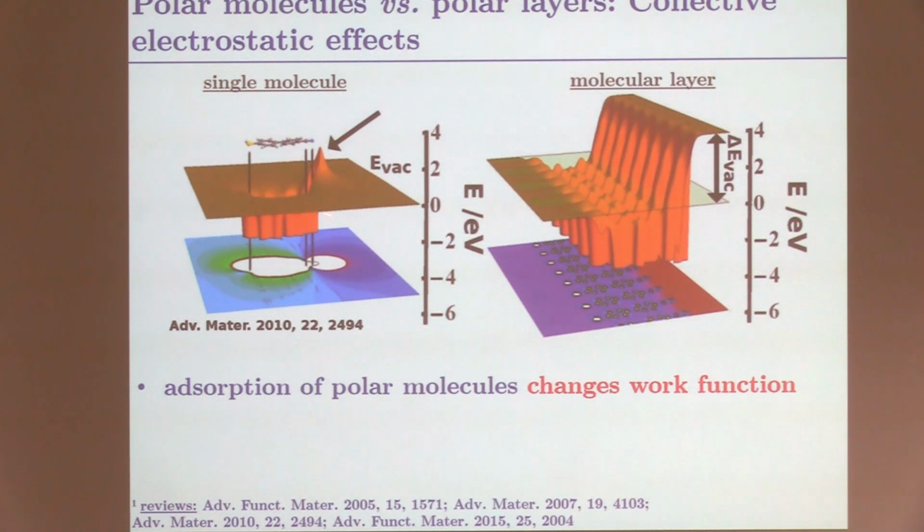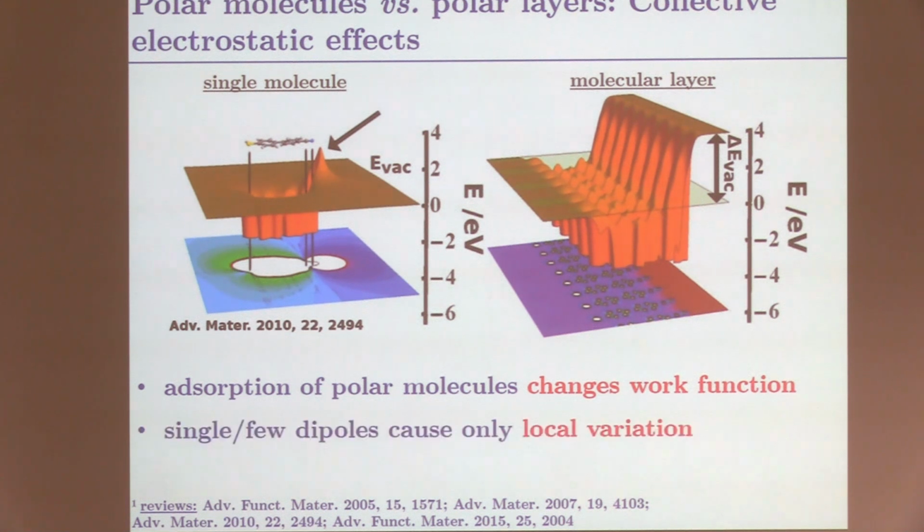And this is what we've seen before: you get one common vacuum level right around the molecule. But if you take the same molecule and compress it into a two-dimensional molecular layer, you find two vacuum levels, on the left side and on the right side, and they differ by the delta E VAC that I've shown here. So the adsorption of polar molecules changes the work function because of this effect.